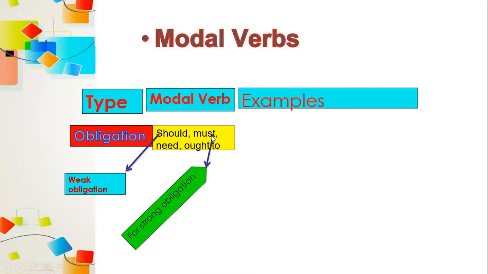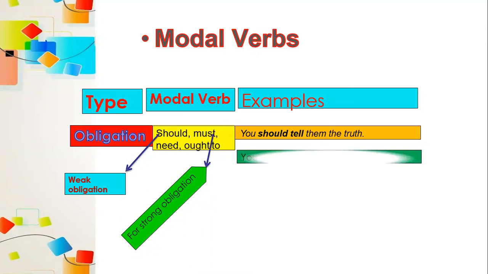Now we will use these modal verbs in sentences. You should tell them the truth. Weak obligation is expressed in this sentence. You must obey your parents. Strong obligation is expressed in this sentence.